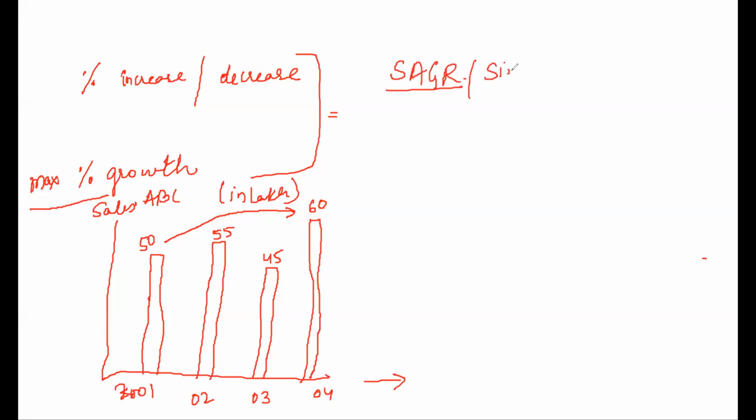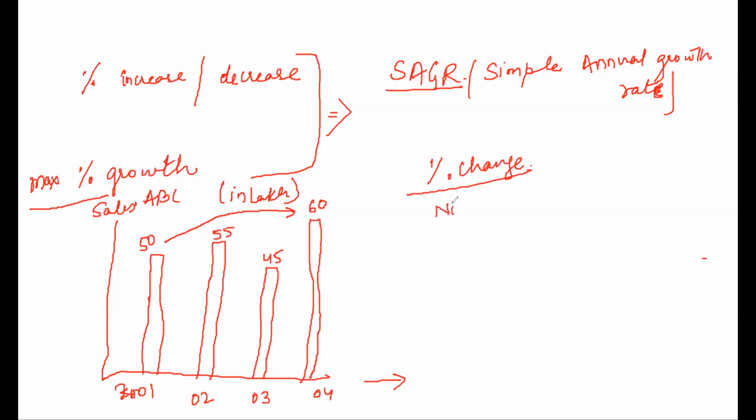Also called simple annual growth rate. Now, how do we calculate simple annual growth rate? Simple annual growth rate is calculated as percentage change, increase or decrease, whatever we calculated, divided by number of years.